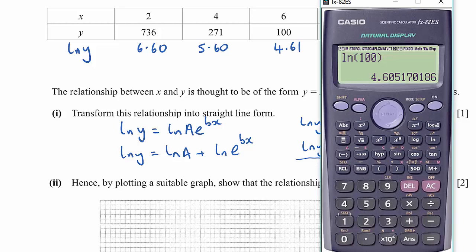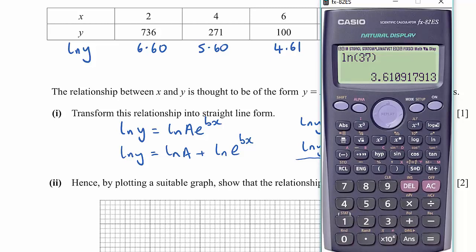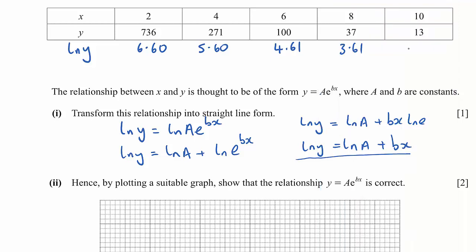Ln 37. That's 3.61. And ln 13. And that's 2.56.